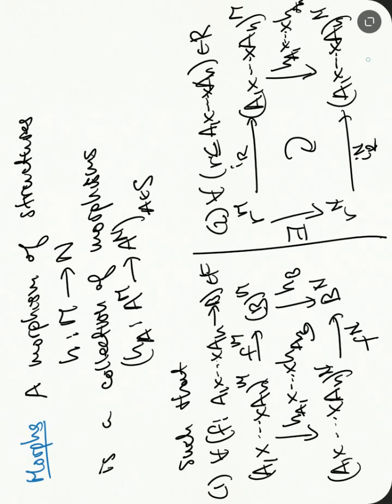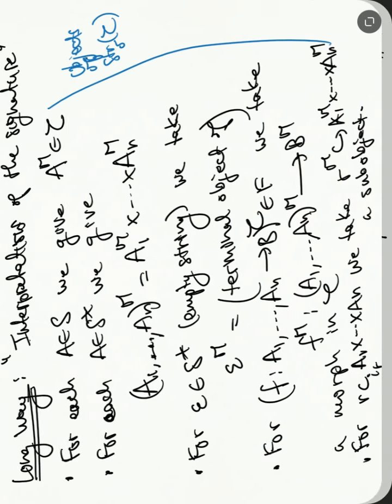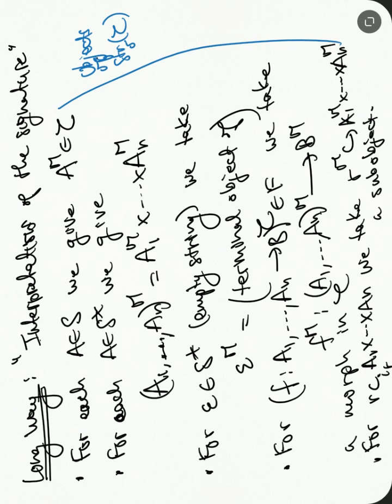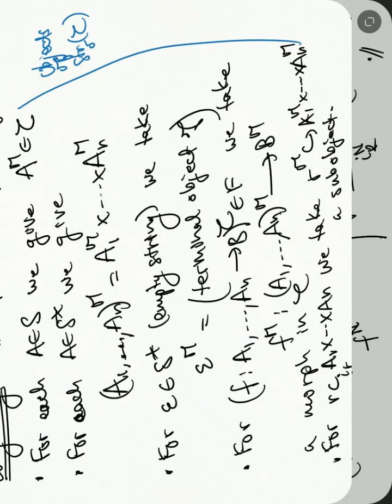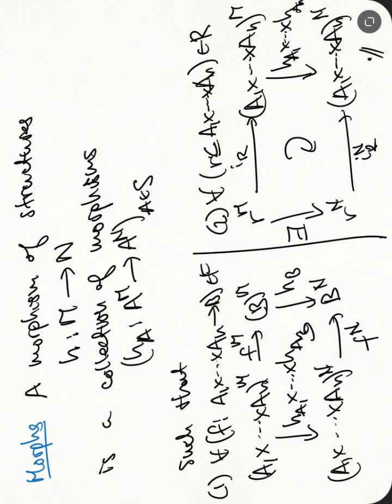Okay, so this is exactly what a structure is. The objects, the C structures, are these objects which interpret the structure, and the morphisms are what you'd expect them to be, kind of natural transformations.